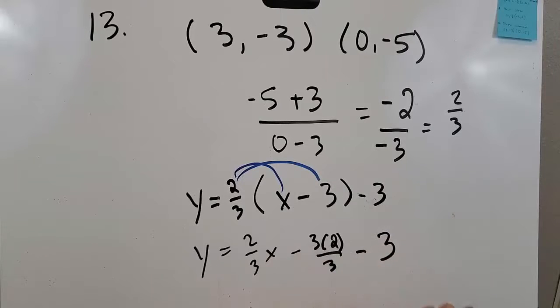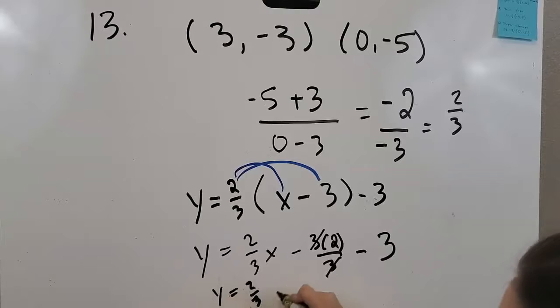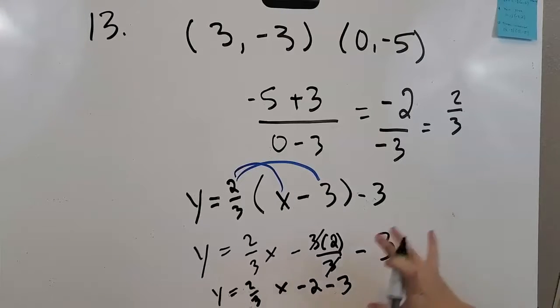There's a 3 at the top and a 3 at the bottom, so I'm going to cancel those out. So this simplifies to y equals 2/3 x minus 2 minus 3. I'm going to erase and rewrite that at the top so we can see what's going on.